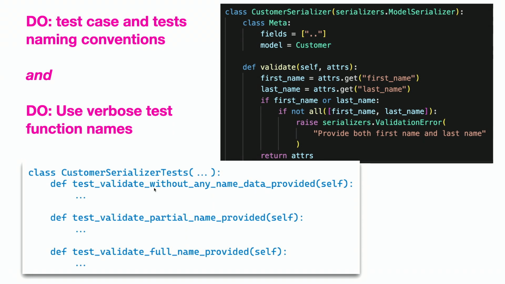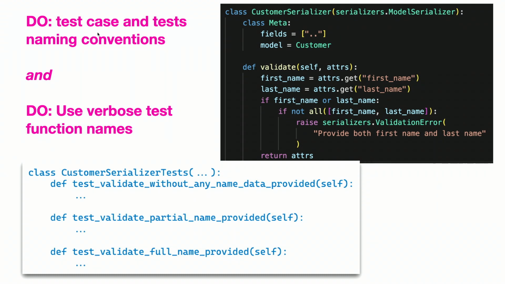And it's very useful to get an immediate glimpse of what the test is doing, by writing the expected behavior of the test within the function signature. So do not be afraid of having long test function names. No one will be calling these.